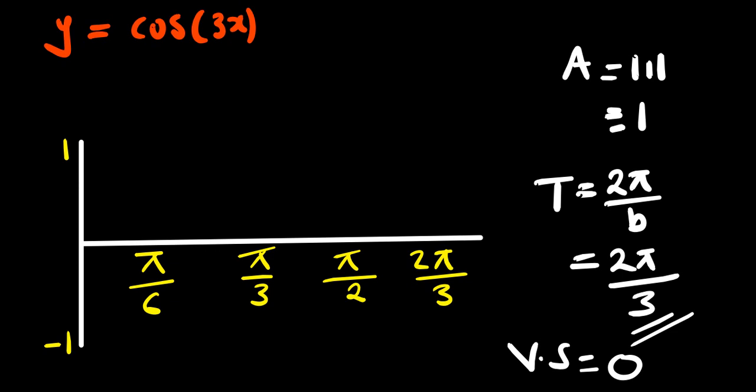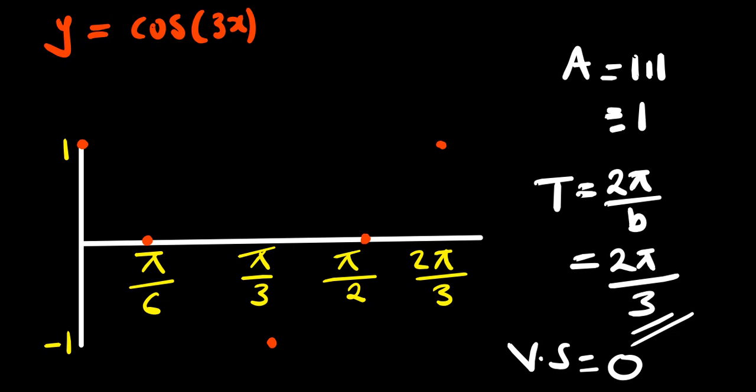Okay, now this is a cosine graph. So you know that the cosine graph is going to start at the amplitude here and it's going to end here. Okay, so how does this cosine graph move? Because this one is positive, the value of the function is positive, so it's going to pass through that point, come through this point, and go through that point.